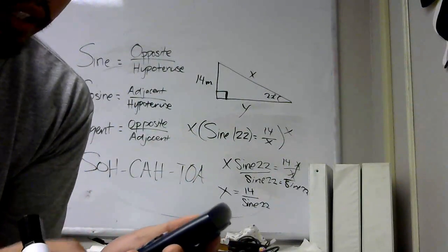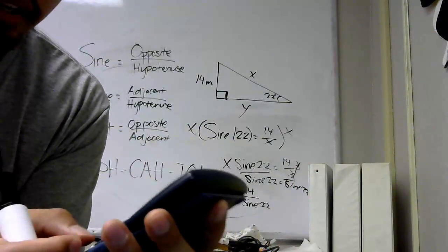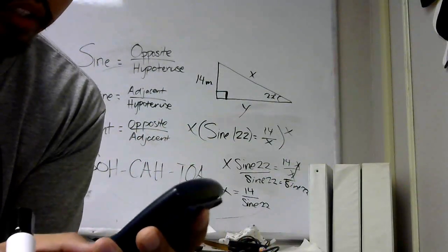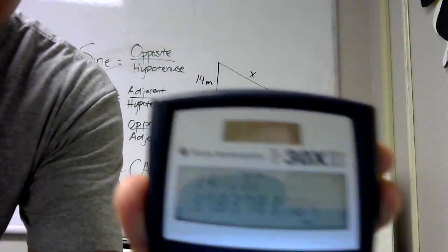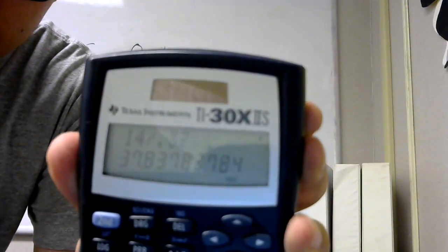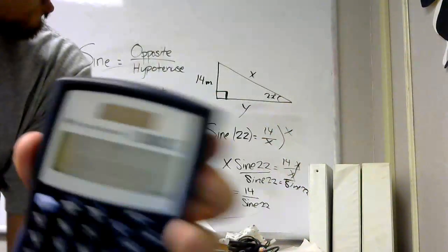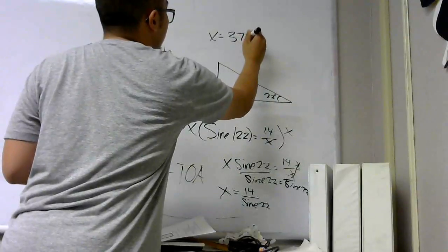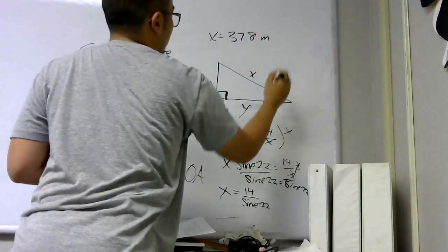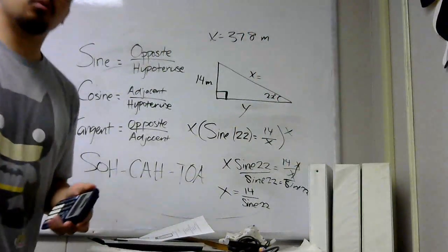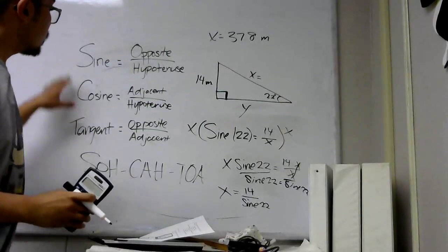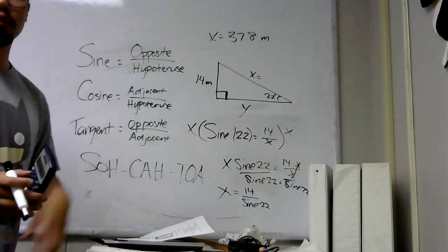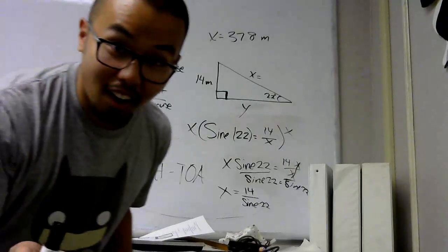So I'm going to do 14 divided by 0.37, and the number I get is 37.8, if we round up. So now we get x is equal to 37.8 meters. We now know what the hypotenuse is, simply because we used these functions of SOHCAHTOA. Awesome.